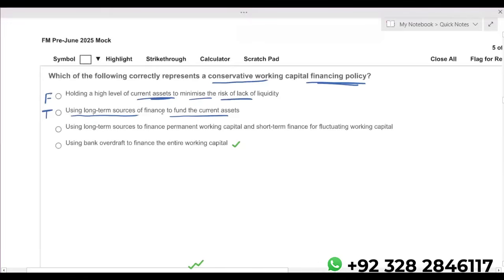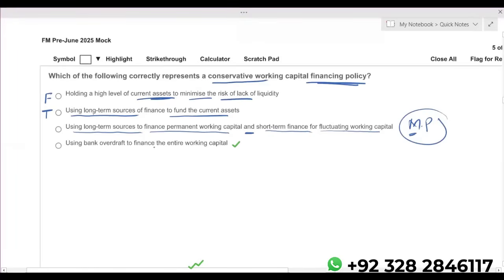Using long-term source to finance permanent working capital and short-term finance for fluctuating, if you read it nicely, that is a matching policy. It's not conservative. That is your matching policy, where we match the source of finance with the nature of working capital. Long term for permanent working capital, short term for fluctuating.